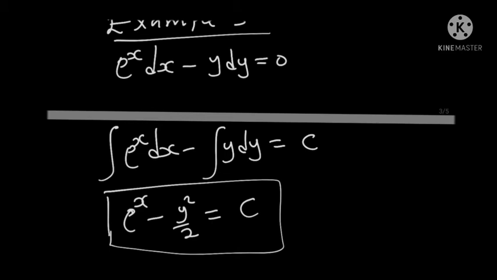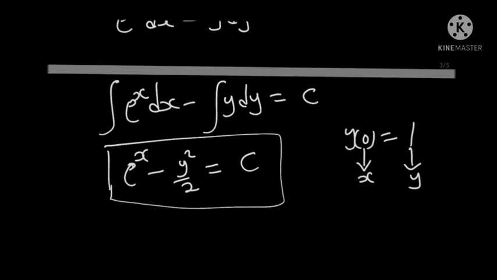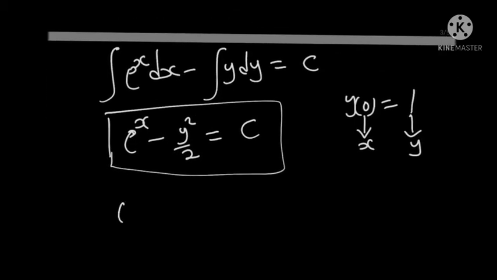However, in this question, we had been given an initial condition of y(0) equals to 1. Remember, 0 represents the x value and 1 represents the y value. Therefore, we can make the substitution. It becomes exponential to the 0 minus 1 over 2 equals to c.